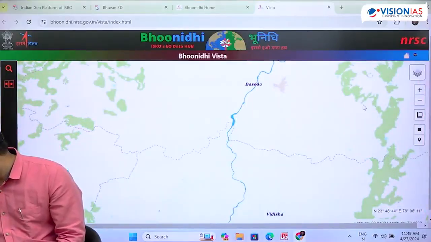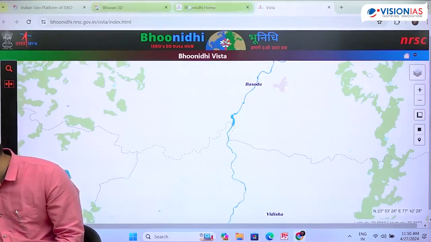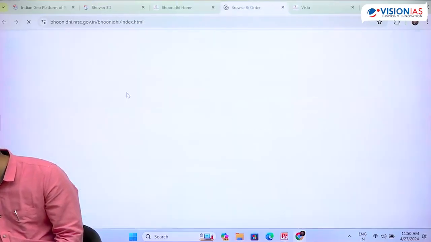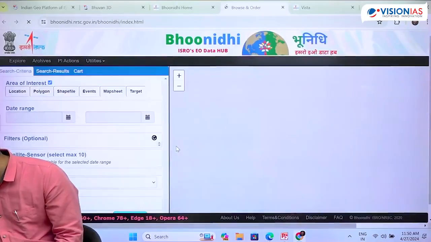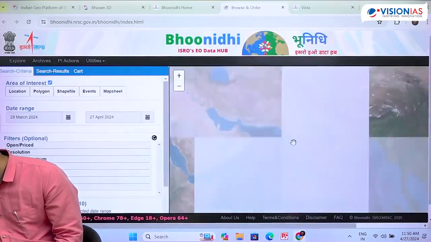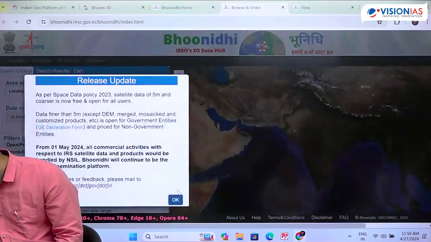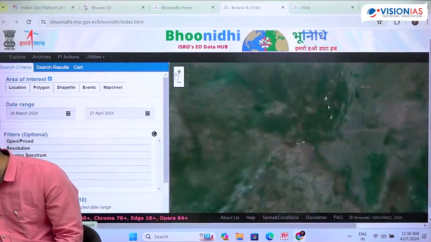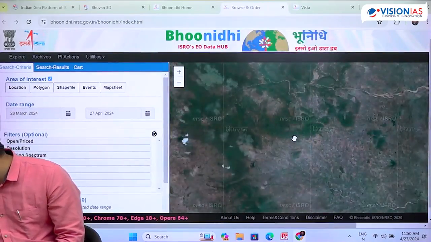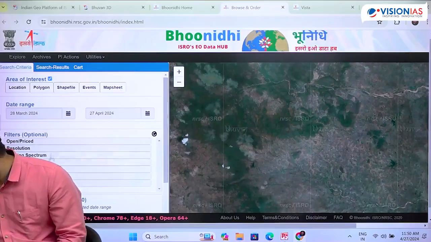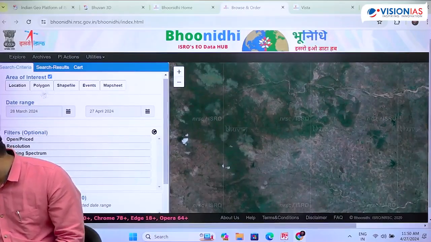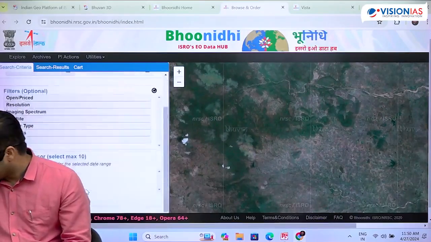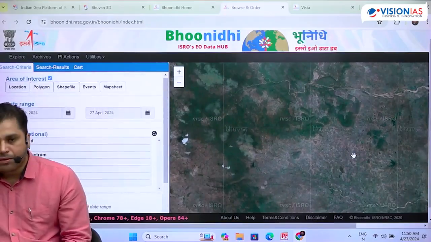So you can go here also and you can find thematic maps, what type of soil we are talking about. Look at a very specific area and we can actually look at what type of parameters we want. All of that filter you can use, and much of that information is available free of cost only.